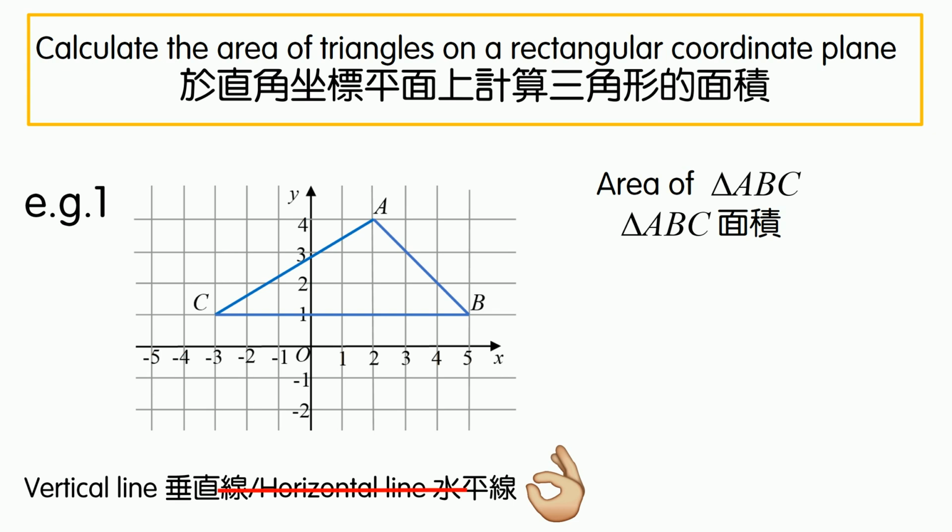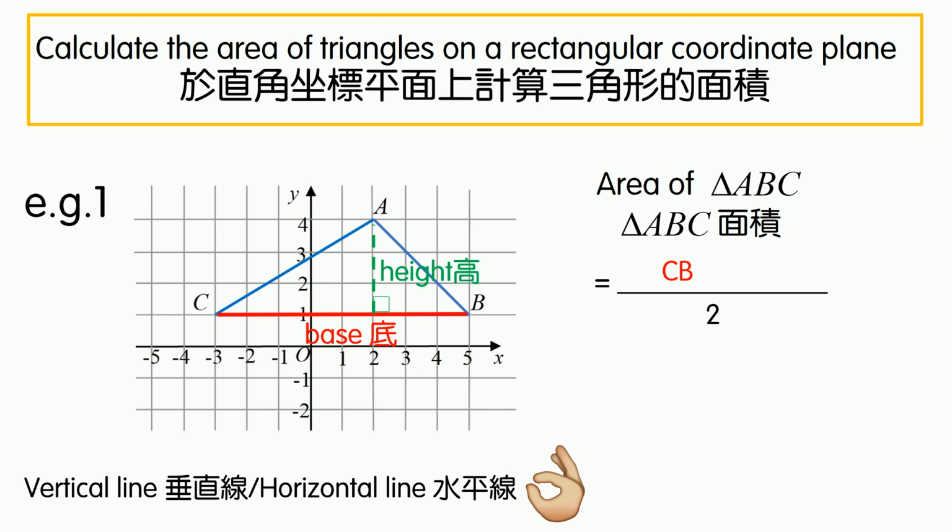So obviously, CB is the horizontal line. So we treat this one as the base, and then we need to mark the corresponding height, which is this one, the green line. Now we create one more point, which is the intersection of the height and base.